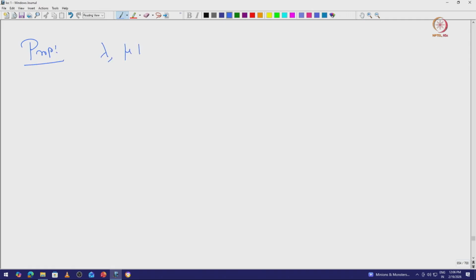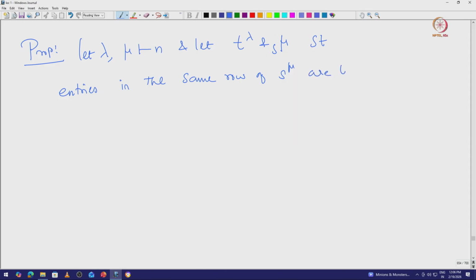So, lambda and mu are given to be partitions of n, and let T lambda and S mu be the two tableaus, a lambda tableau and a mu tableau, such that they satisfy the condition that entries in the same row of S mu are located in different columns of T lambda.